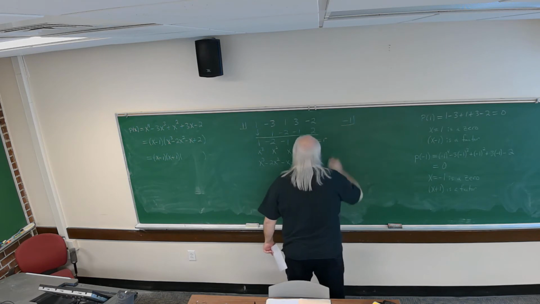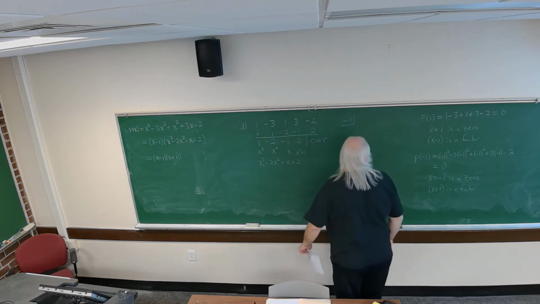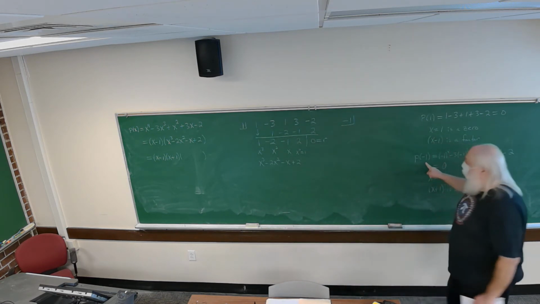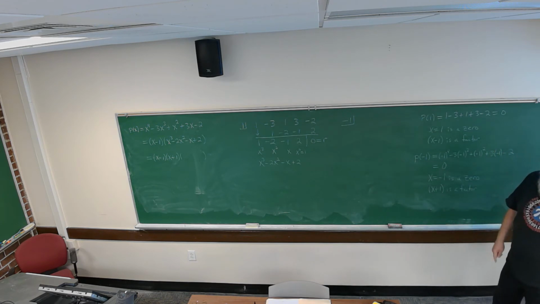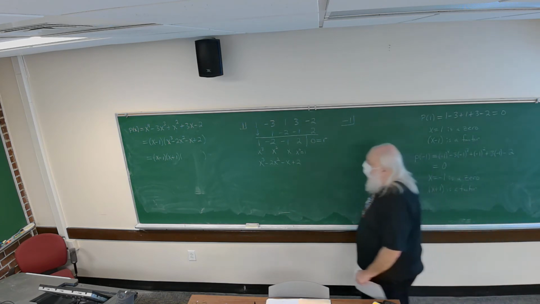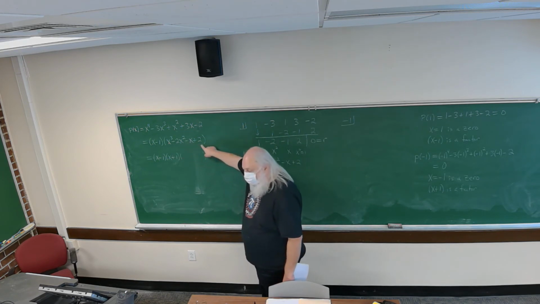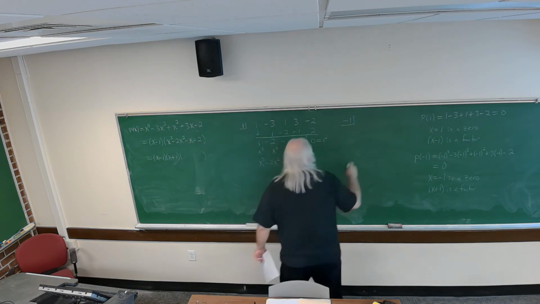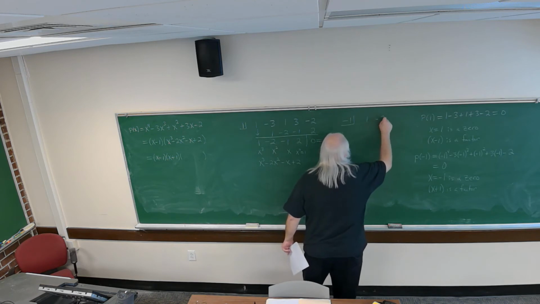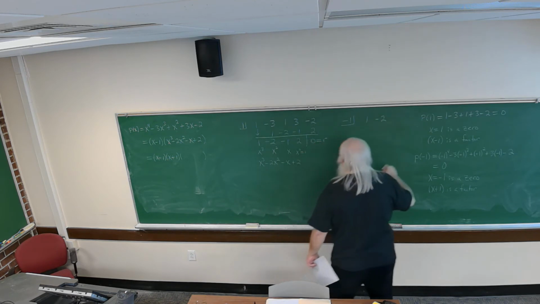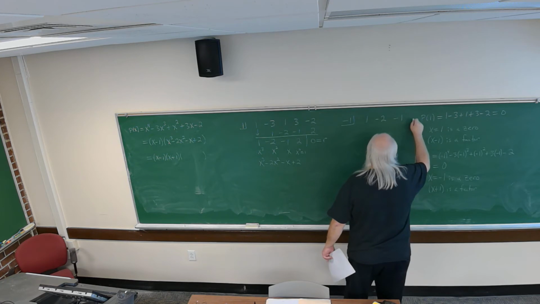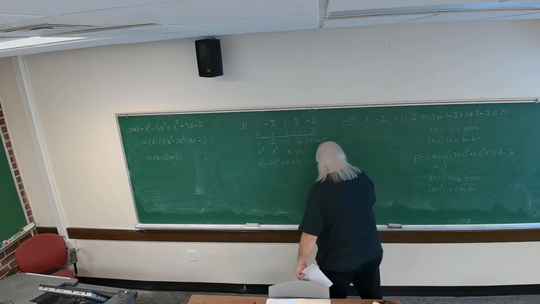The value c is negative 1. Right? Minus 1 is the zero. And now we write out the coefficients of the third degree polynomial, which are 1, minus 2, minus 1, plus 2.